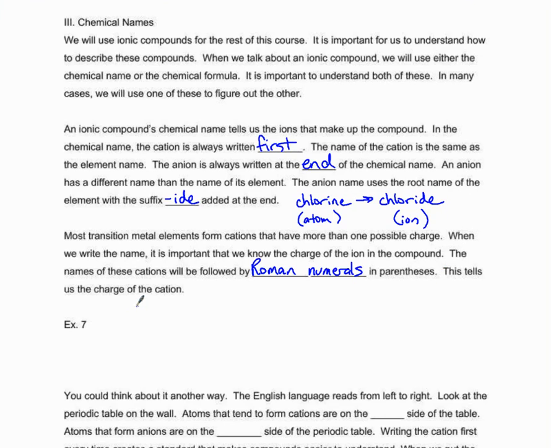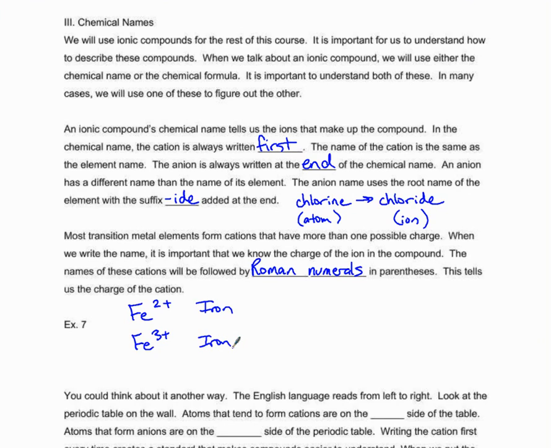Here's a couple of examples. For iron, Fe, atomic number 26, it's a transition metal and it can form a couple of different ions. It can form iron 2+, or it can form iron 3+. These two things behave very differently, so we have to know which one is which. We cannot just say iron.